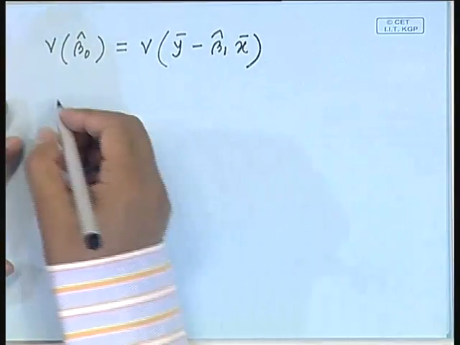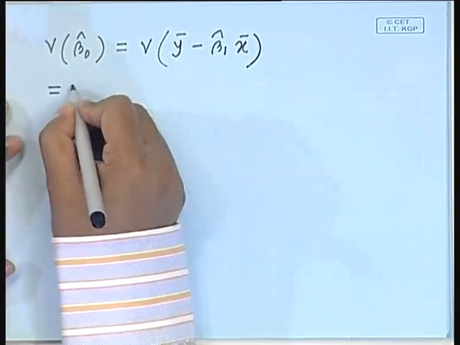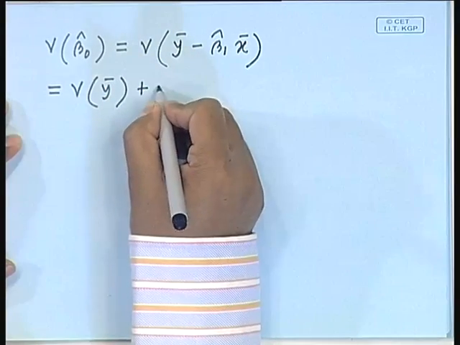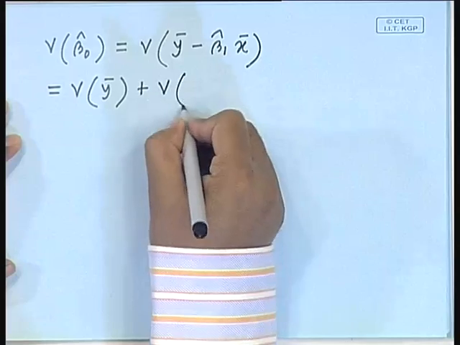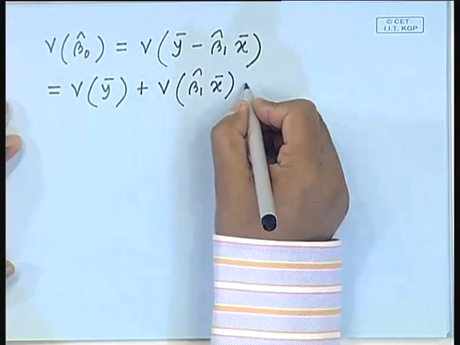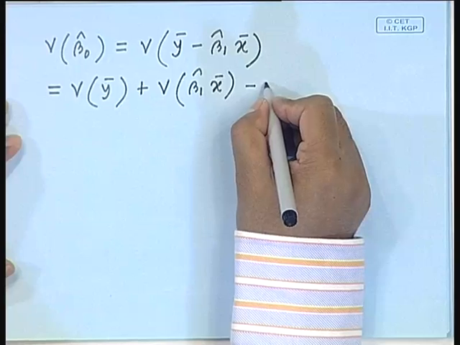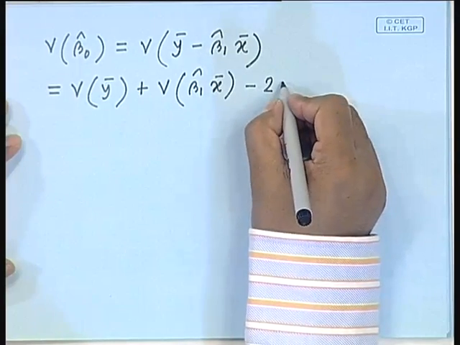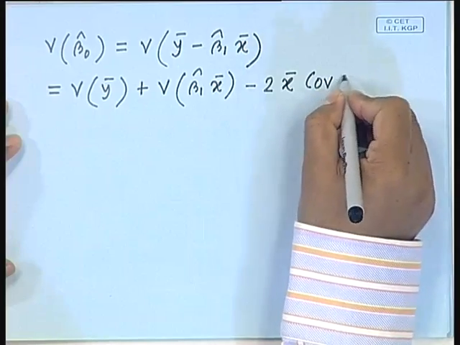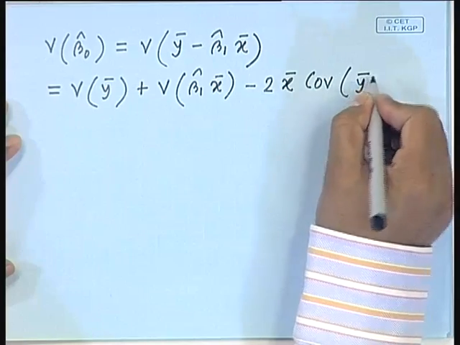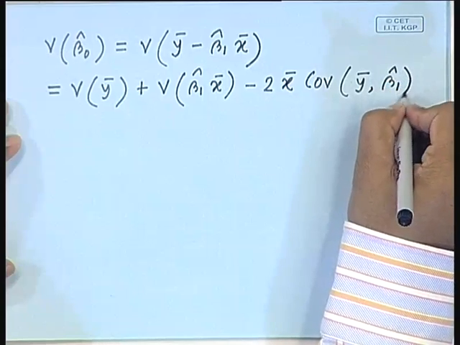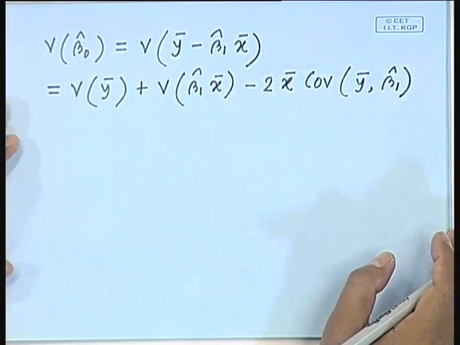Now, this variance can be written as the variance of y bar plus the variance of beta 1 hat x bar minus 2 times x bar the covariance of y bar and beta 1 hat, right.